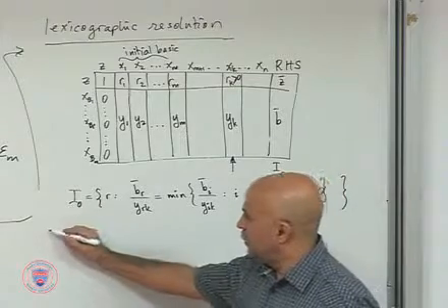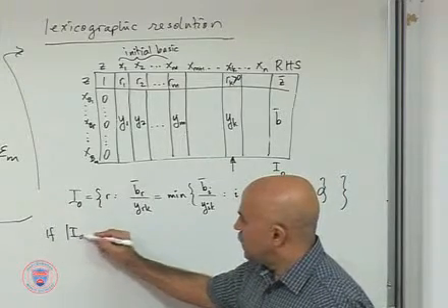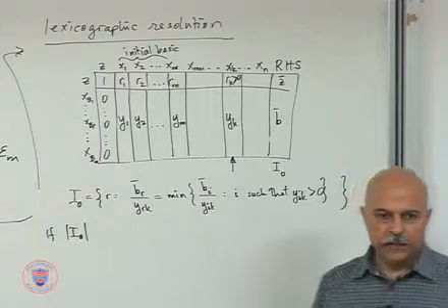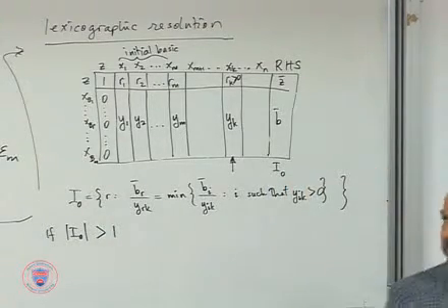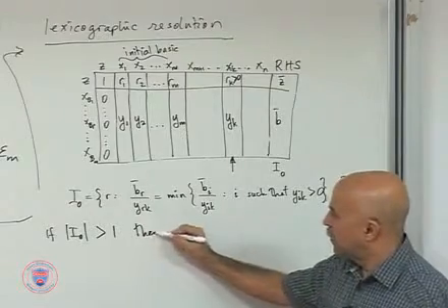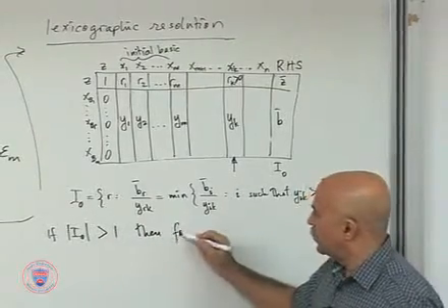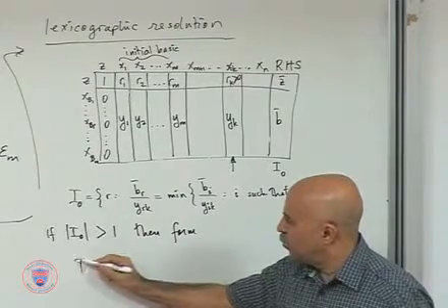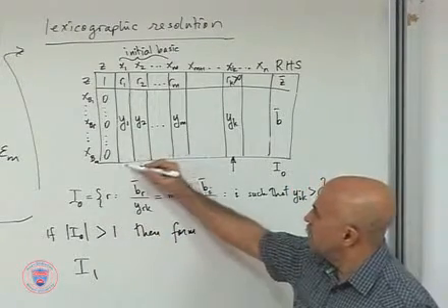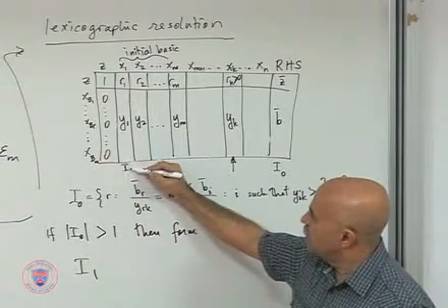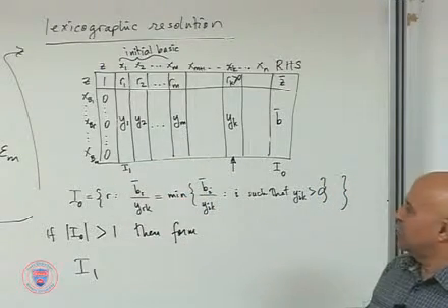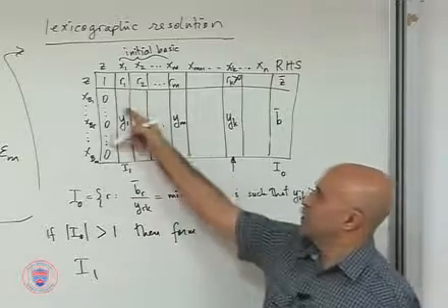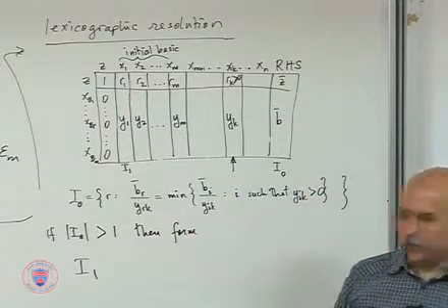If, on the other hand, I0 contains more than one index, so if the cardinality is more than one, then form I sub 1, which is the set of qualifying indices associated with the first column of B inverse.